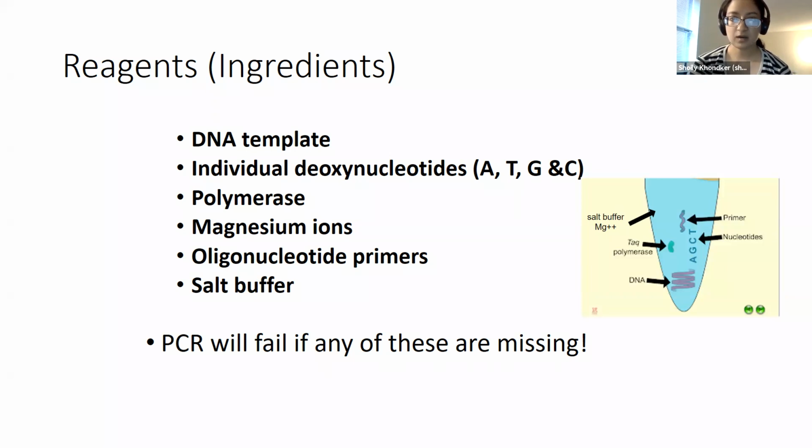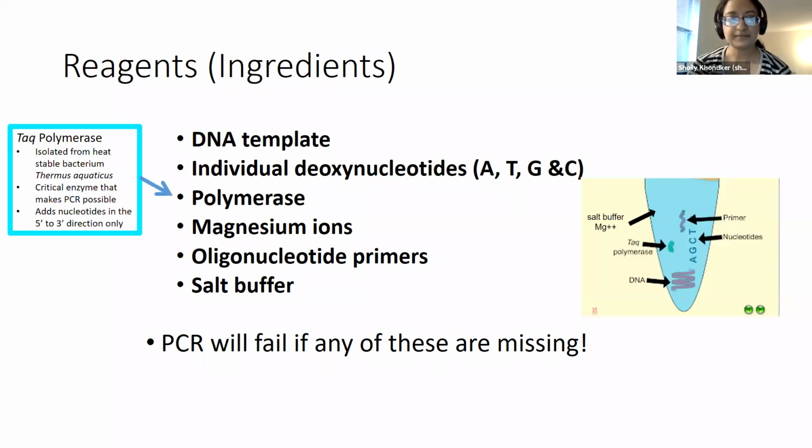So in vivo, when DNA is being replicated in the cell, you need primase to create those short RNA primers. You're not going to have that in the test tube, so you need to create your own primers that are basically short sequences of DNA, and you have to add those into your reaction. And lastly, you're going to need a salt buffer to keep the pH at the appropriate level.